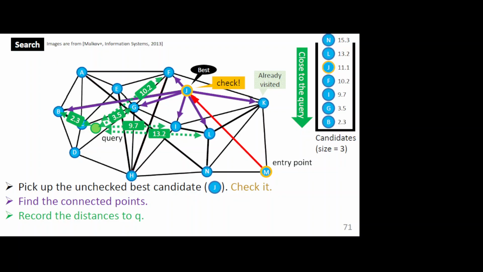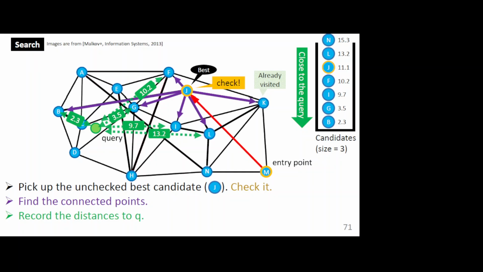Okay, so we collect these points, F, J, L, N, and sort them. We already sorted it, we add 4 more nodes and sort them in our bucket.